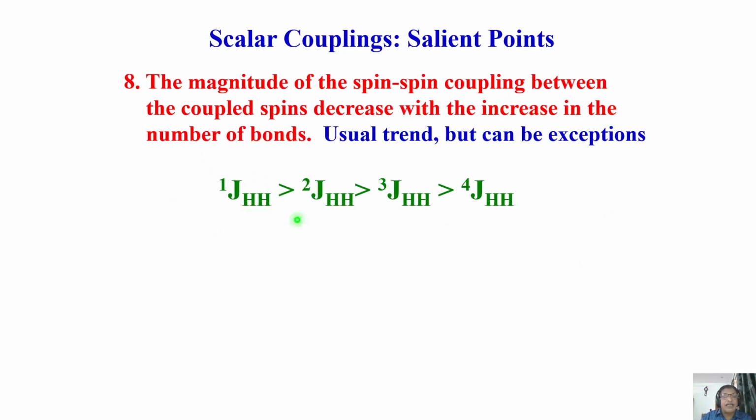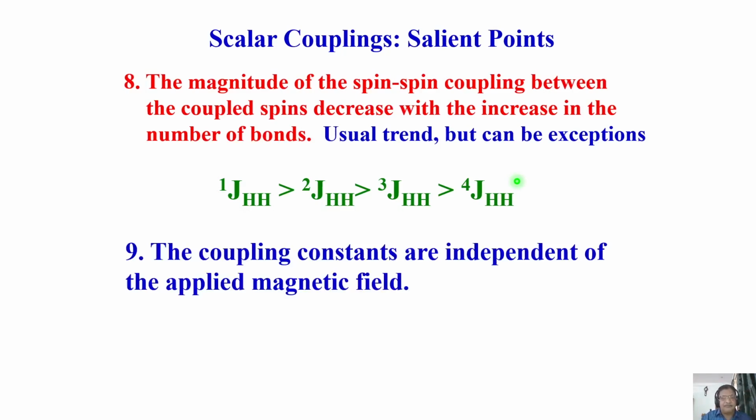This is larger than 2 bond proton-proton coupling. This is even larger than 3 bond. 3 bond coupling is larger than 4 bond coupling. So it is a usual trend. The usual trend is that the coupling strength decreases with the increasing number of bonds. But there can be exceptions. It is a trend. There are always some one or two deviations and exceptions in NMR. We will discuss that later.